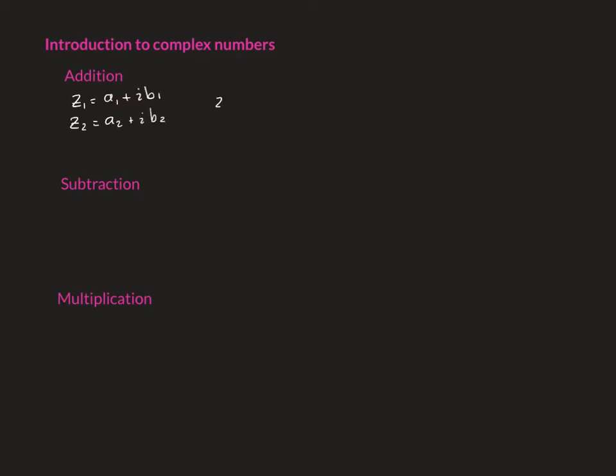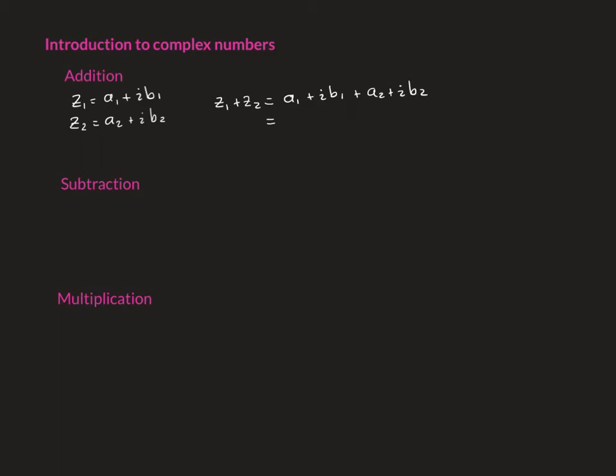Addition of the numbers z1 plus z2 will happen component by component, because a1 plus ib1 plus a2 plus ib2 can be treated as you would a polynomial. And what that means is you can combine similar terms. So I know that I can group the terms that have i and the terms that don't have i together.